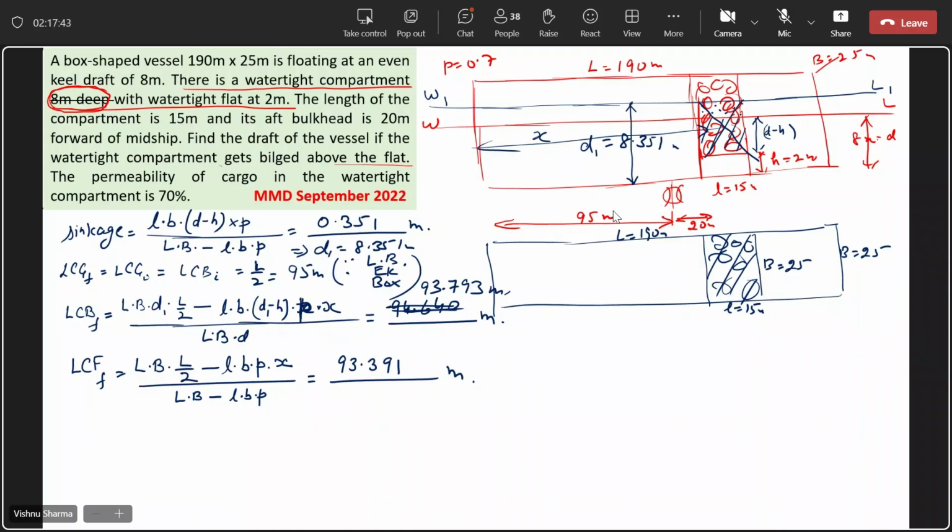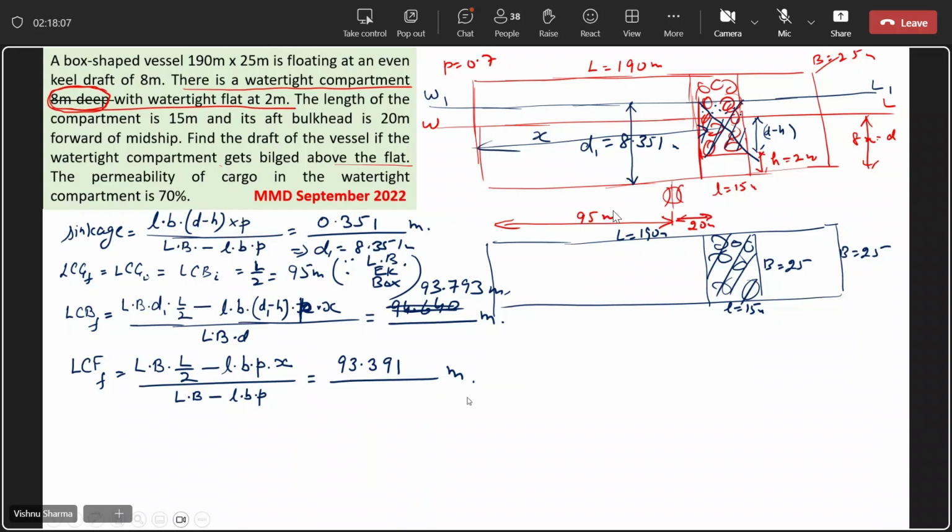Is that correct, beta? 93.391, please confirm. Yes, sir, correct. 93.391. Very good. Now we'll go to the water plane area for BML.